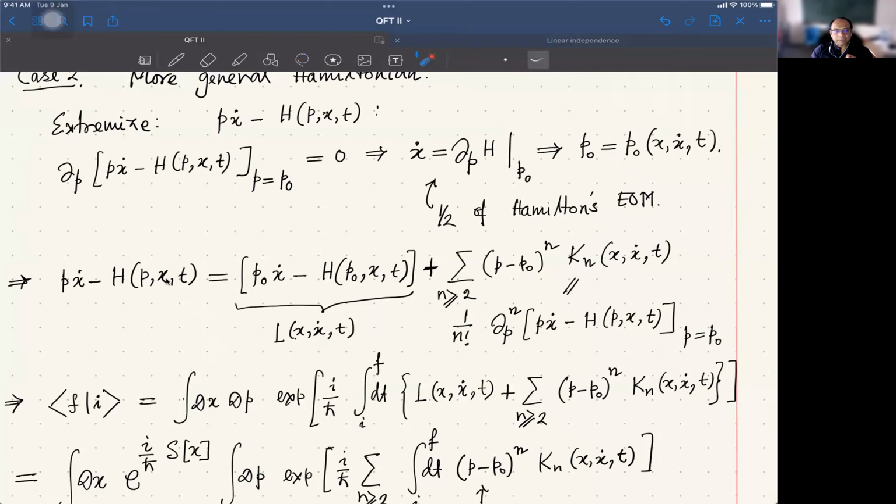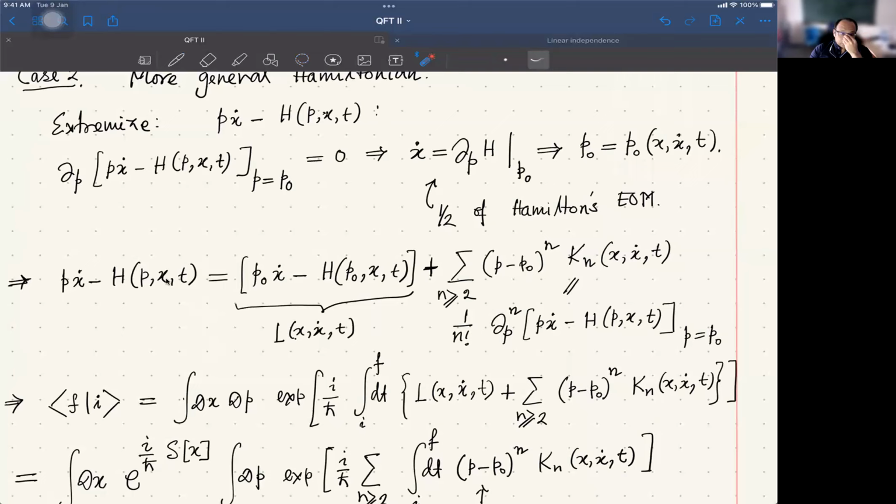Momentum space dependence of the function has been extremized. When you extremize with respect to momentum only, what you get is effectively a function of x dot and t, which is this. Using this extremization, you are replacing momentum by a function of x dot and t.